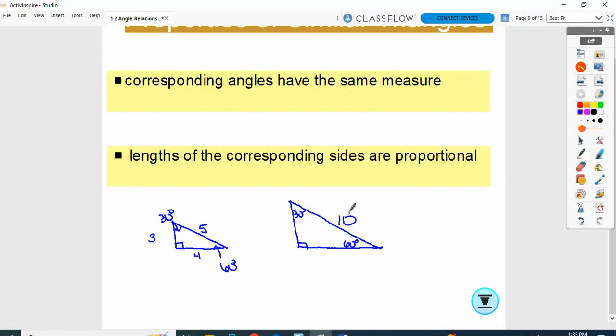How did I get 5 and turn it into 10? I multiplied by 2. So all the sides, if they're similar, you would have to do the same thing to all of them. So when I say they're proportional, it means essentially you multiply by the same thing to get the new triangle. Similar triangles, sides are proportional, angles are equal.